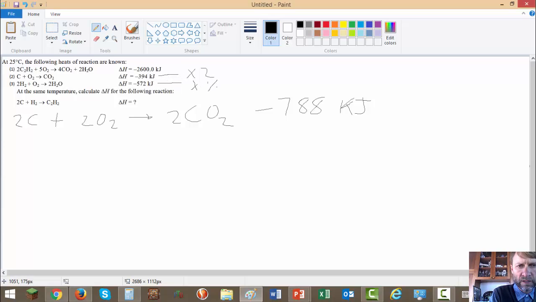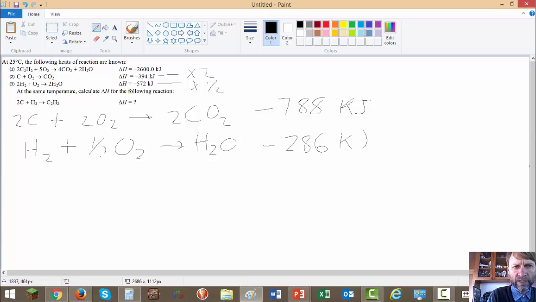And so that looks like H2 plus 1/2 O2 gives H2O, and that has an enthalpy of reaction of minus 286 kilojoules, which is half of the given.